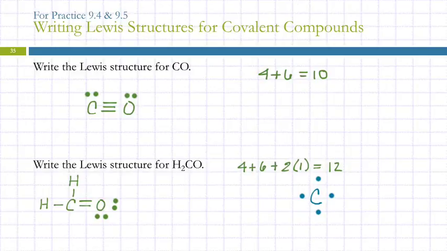Let's look at oxygen. How many valence electrons? 6. 1, 2, 3, 4, 5, 6. You're going to end up with 2 pairs and 2 singles, and this electron and that electron are going to bond with something else. Oxygen likes to make 2 bonds. Let's look at nitrogen.